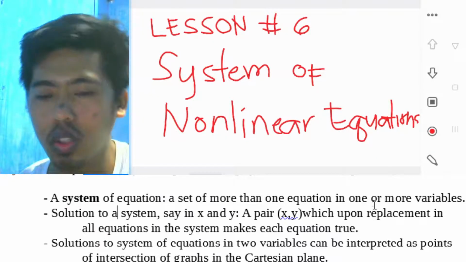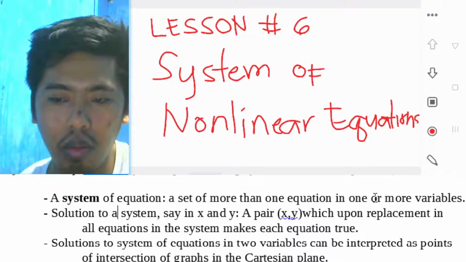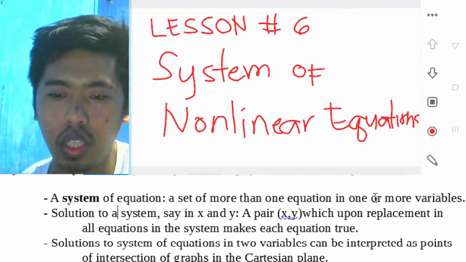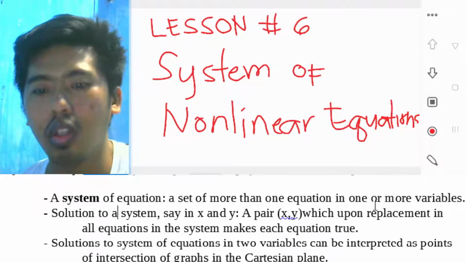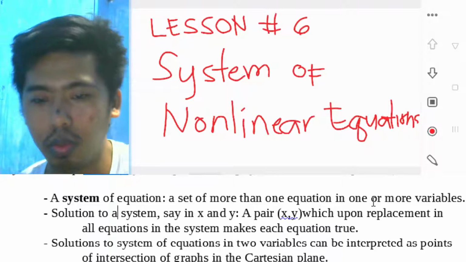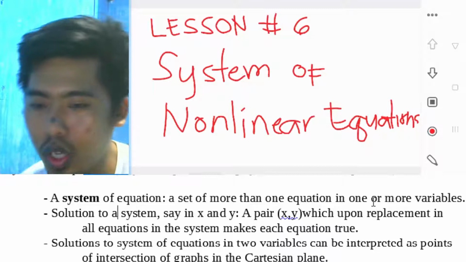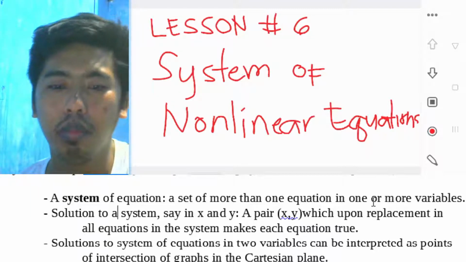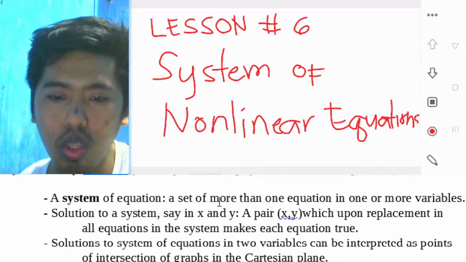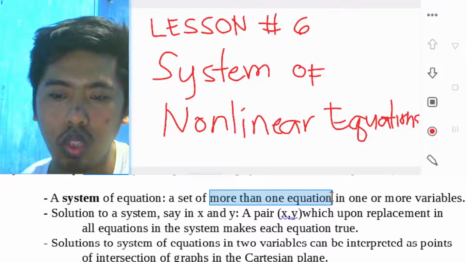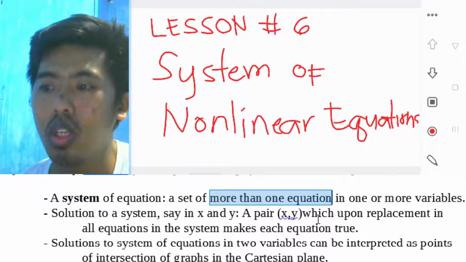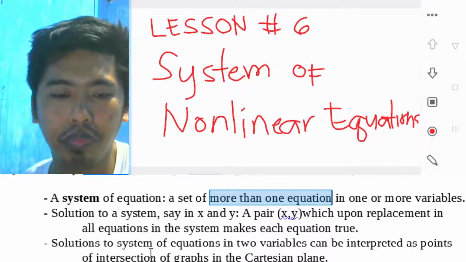So variable x, y, z, bisag pila pa na. Okay? As long as it's more than one. Or one or more variable, it could be all x's lang. X, y, pwede gapon. But the thing here, it should be more than one equation. So dili lang siya kay usa ka equation, kundi duha or mas daghan pa.